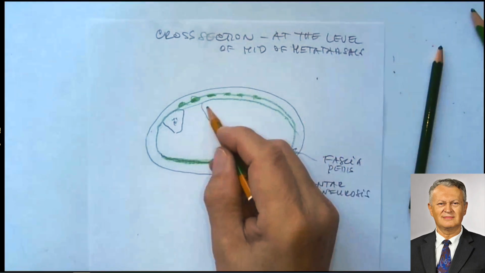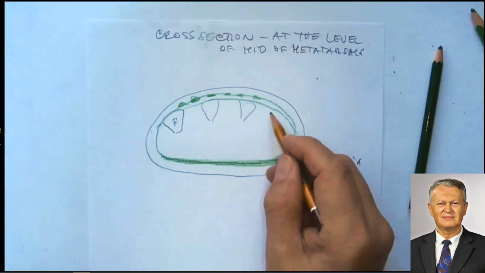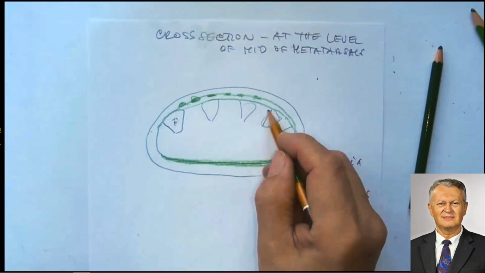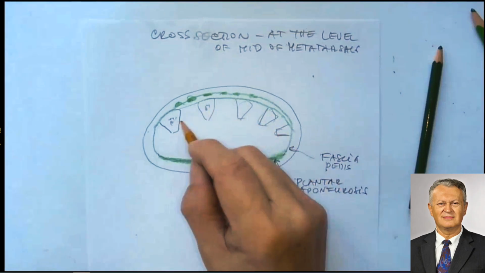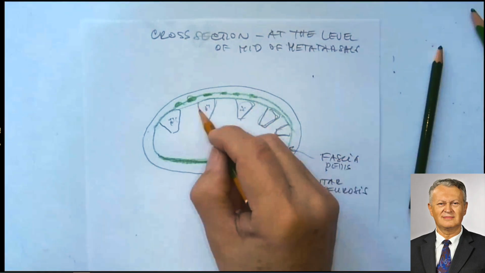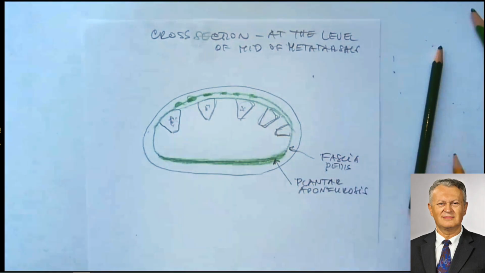So then the second one, third one, fourth, and fifth, like in our drawing, metatarsal bones. Good, good. This is sufficient.